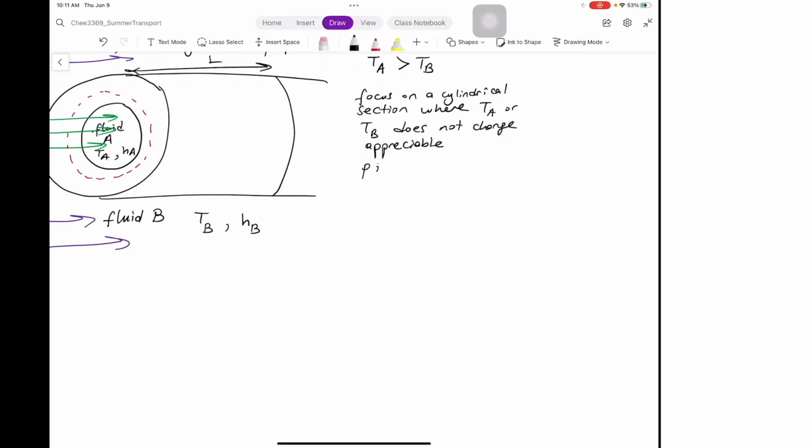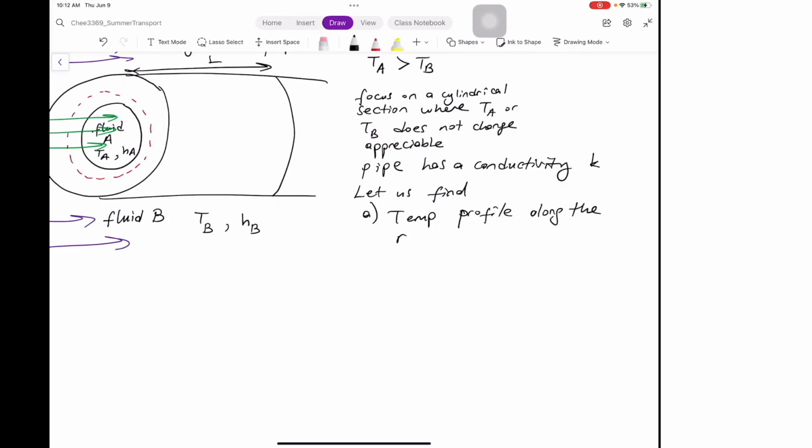So the pipe has a conductivity K, and let us find a temperature profile along the R direction within the pipe.